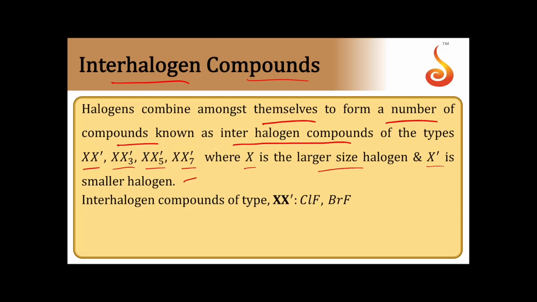Taking the first category, XX', examples are ClF and BrF. ClF will have a structure like Cl2, chlorine and then fluorine, with non-bonding pairs. This is the structure of ClF.